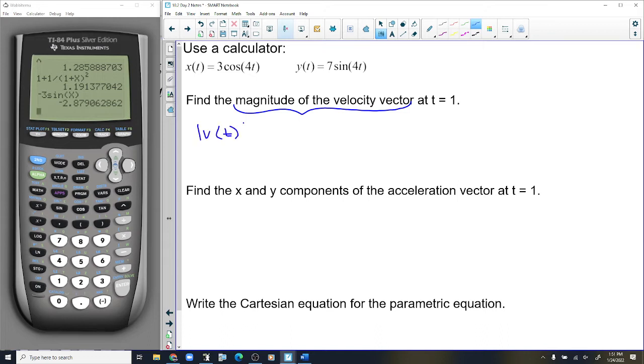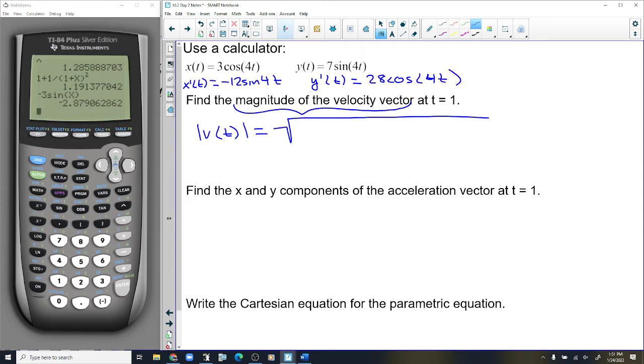The magnitude of v of t is equal to the square root of, I need x prime of t, which is negative 12 sine of 4t, and I need y prime of t, which is 28 cosine of 4t. So negative 12 sine of 4t squared plus 28 cosine of 4t squared.